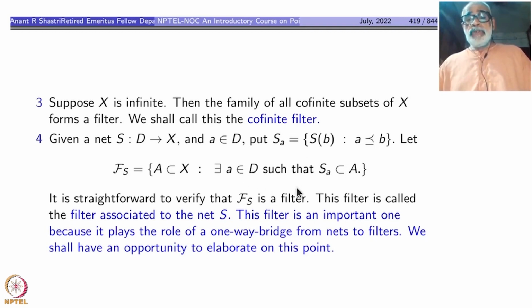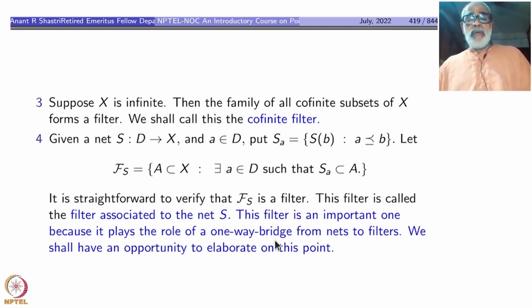Okay, so this filter is called the filter associated to the net S. So I am bringing net and filter together here via this concept, namely S going to F_S. It is important because it plays the role of a one-way bridge from nets to filters.